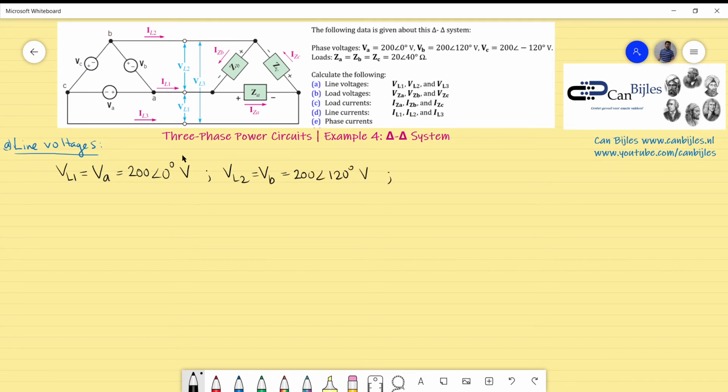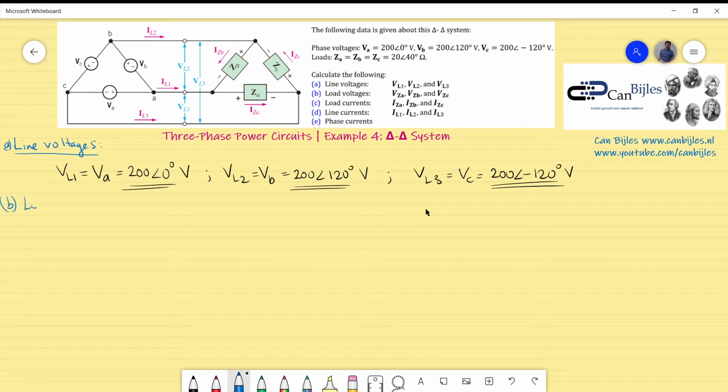And the last one, VL3, going in the clockwise direction, will be from point C to point B, which is exactly VL3. But that is also VC, which is given in the example: 200 volts with a phase of minus 120 degrees. Those are the three unknowns for question A. So that's pretty straightforward and very easily done.